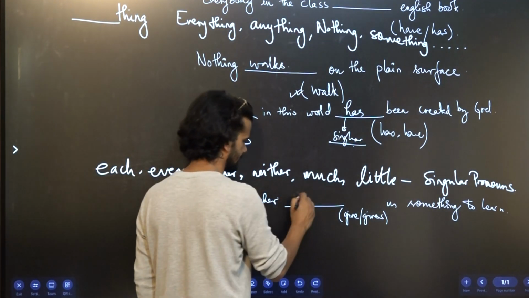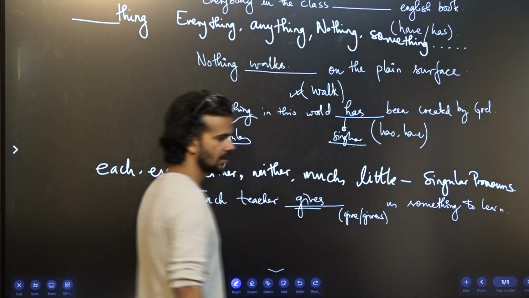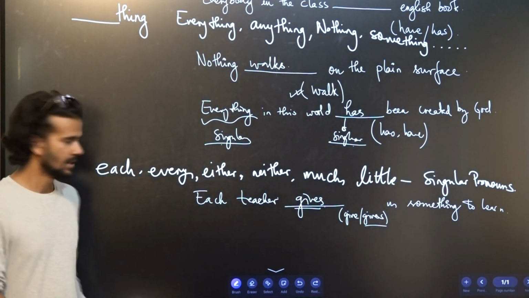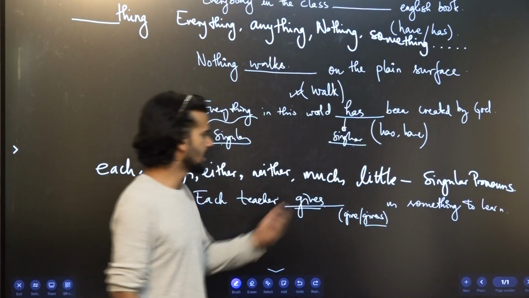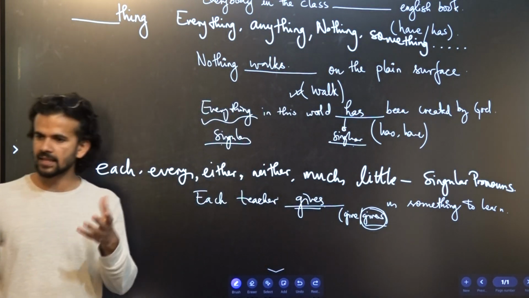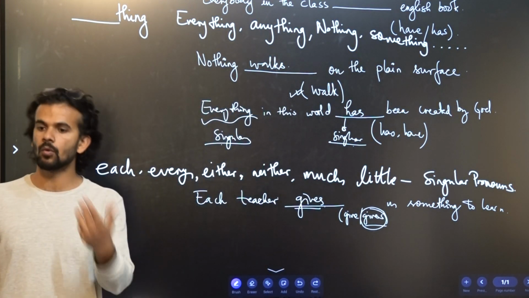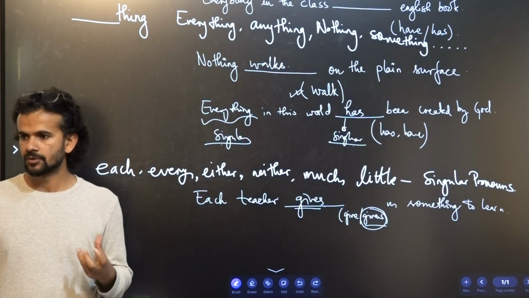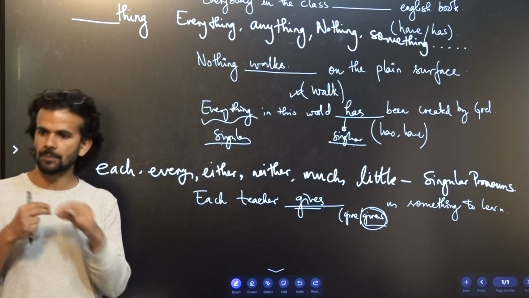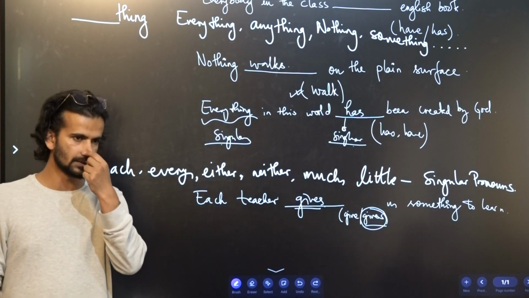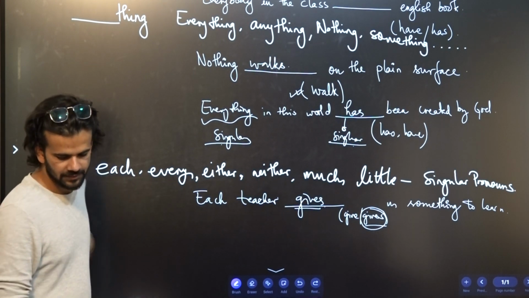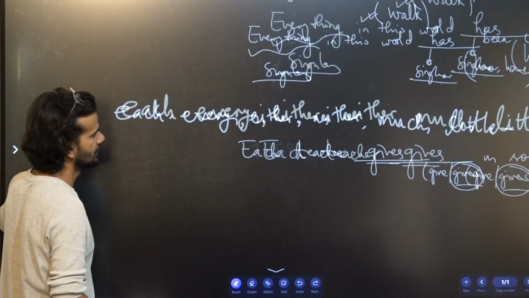Gives. Because gives is the singular verb. When a verb has s, it is the singular form. It's exactly the opposite of subjects. And then similarly, let's take some more.